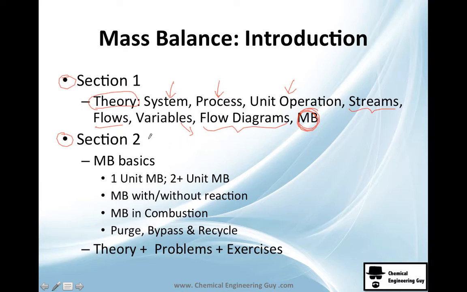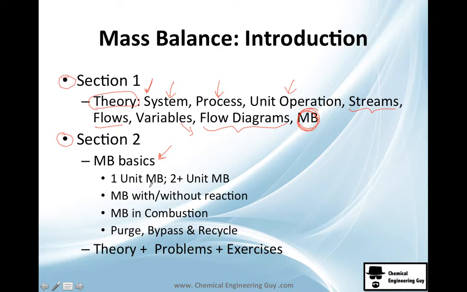Now, once you have the good theory, you know what a system is, continuous flow, continuous process, transient, etc., we can continue and go to section 2, which is mass balance basics, which I would say is the most important part of the course.